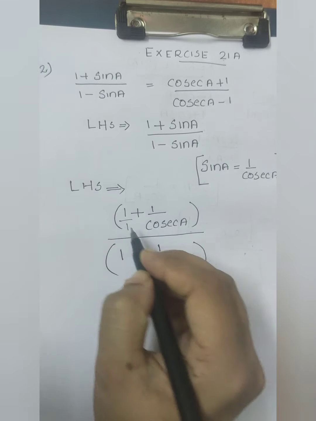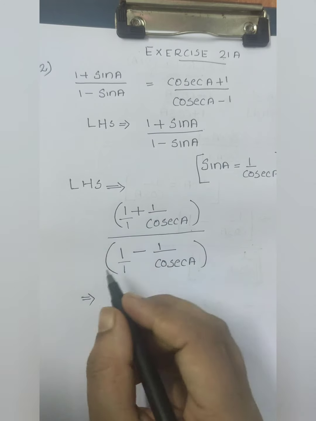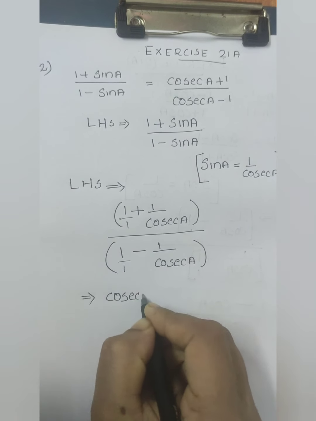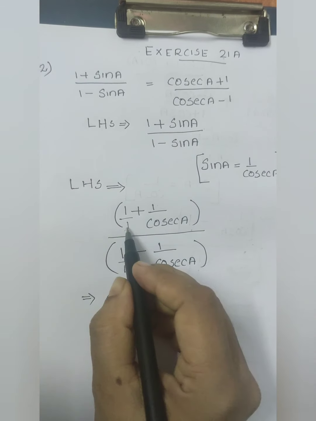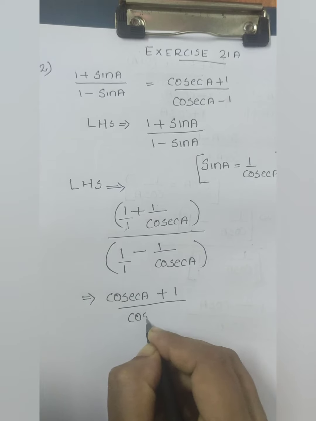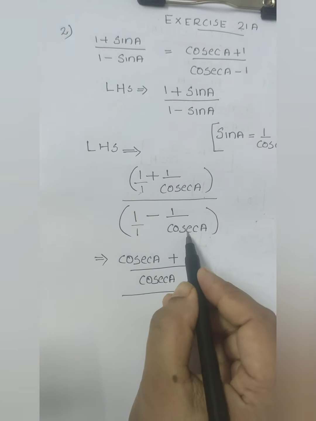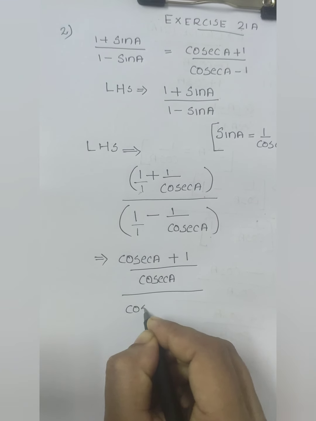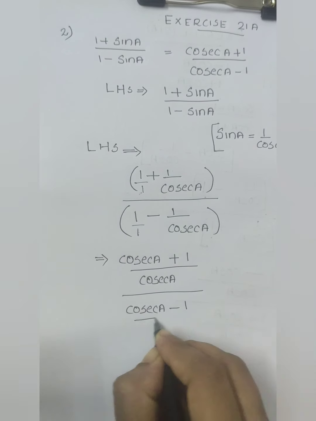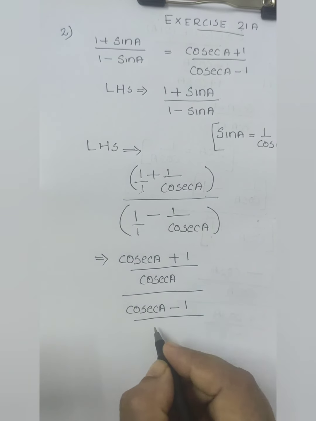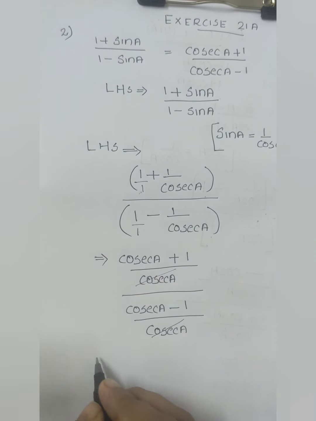So 1 means 1 by 1, 1 by 1. Cross multiplying, we will get cosec A into 1, cosec A, plus 1 into 1, 1, divided by 1 into cosec A, whole divided by cosec A into 1, cosec A, minus 1 into 1, 1, whole divided by 1 into cosec A. Cosec A gets cancelled.